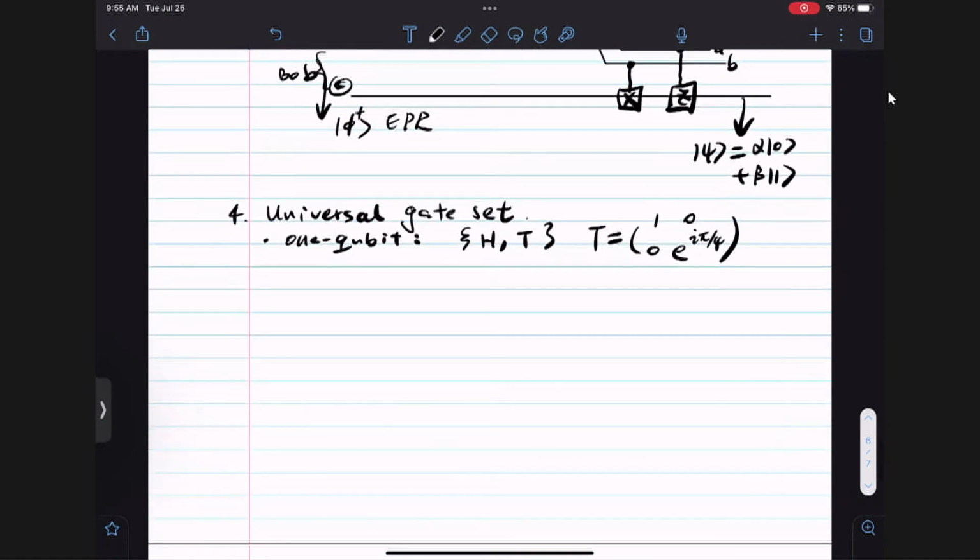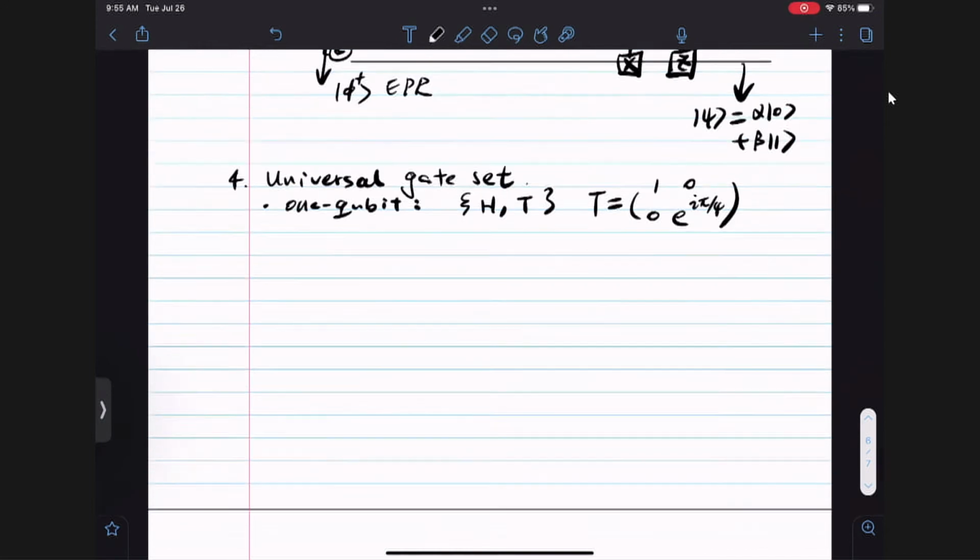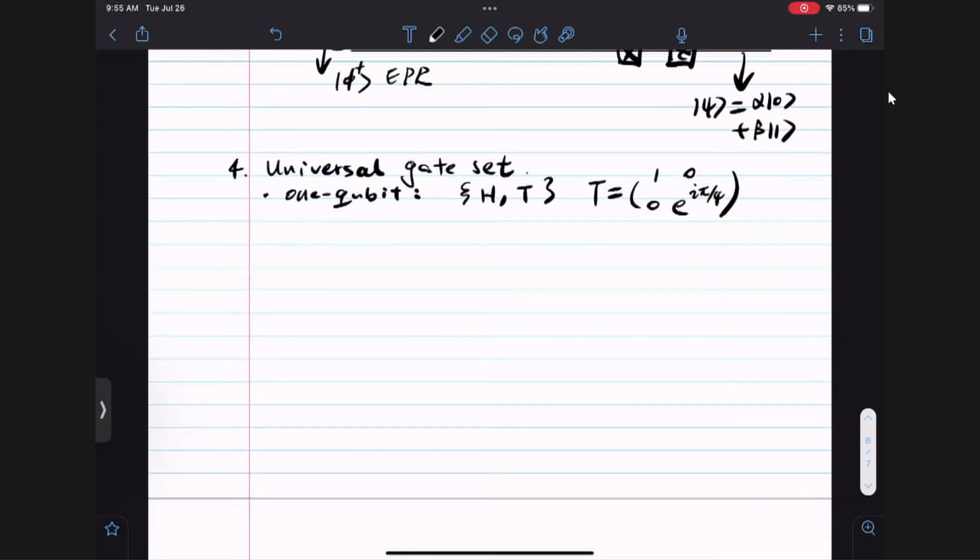So this is a universal gate set on single qubit operations. And in fact, you can approximate any unitary up to some precision, which is efficient, meaning it scales polylog in terms of the inverse of the precision you want. And that's the famous Solovay-Kitaev theorem. I'm not going to state the formal theorem. It's not necessary for this lecture.